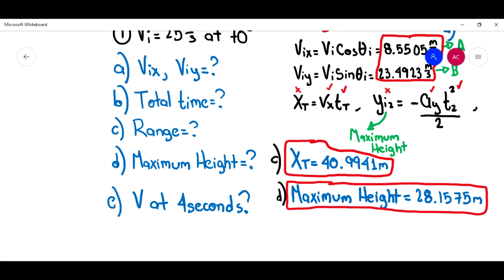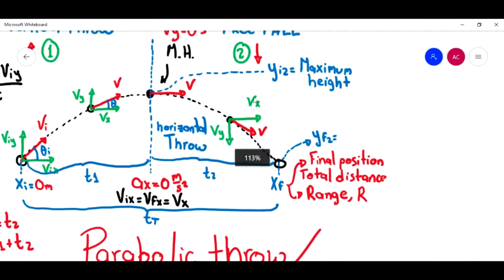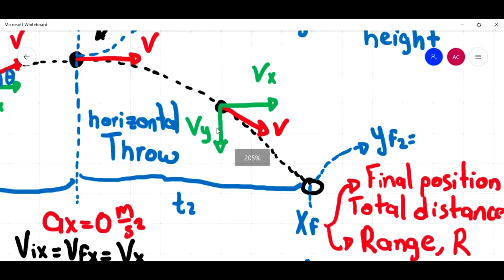What is the velocity of the object at 4 seconds? But which velocity am I talking about? I'm not talking about the velocity in x, and I'm not talking about the velocity in y. I'm talking about this velocity, the resultant vector.